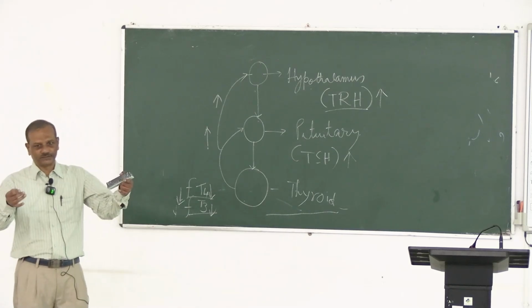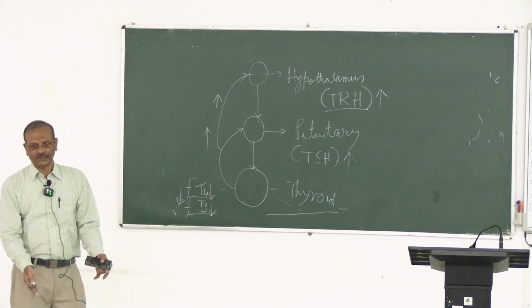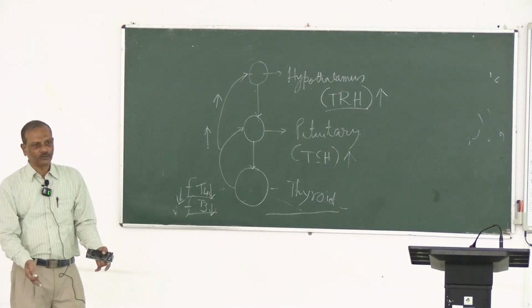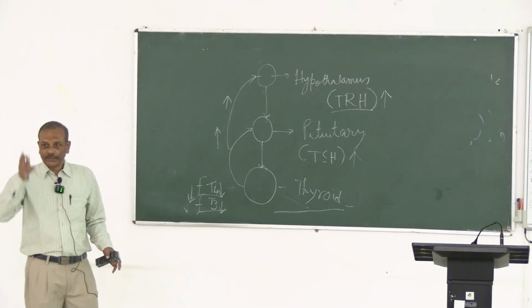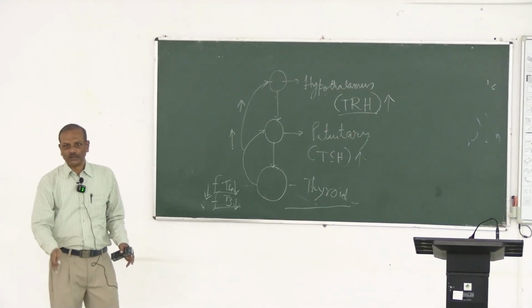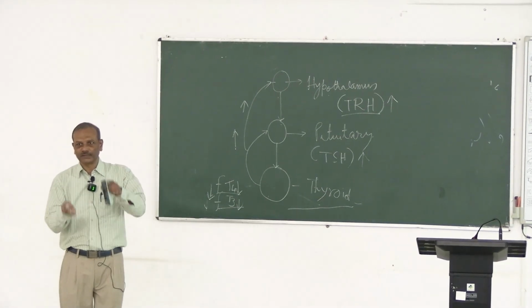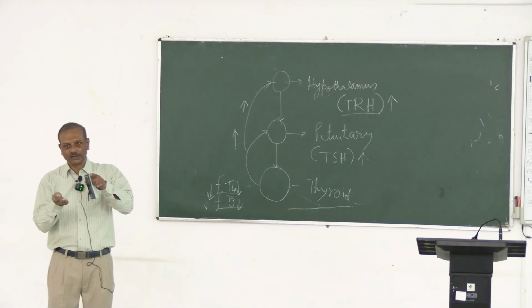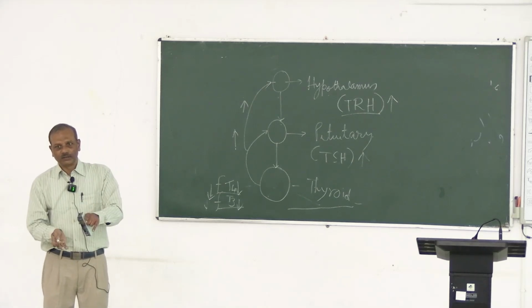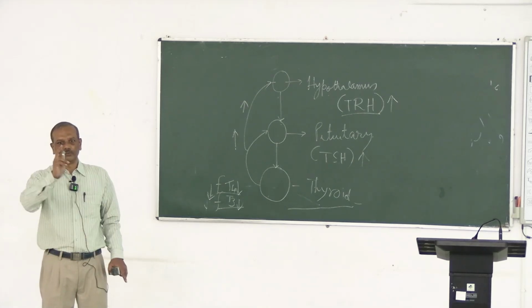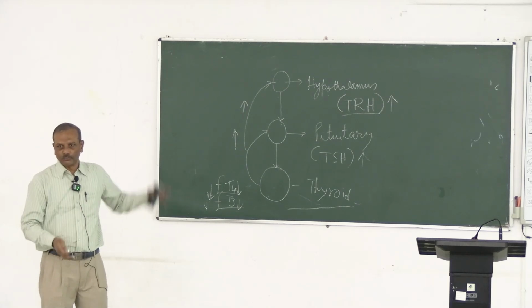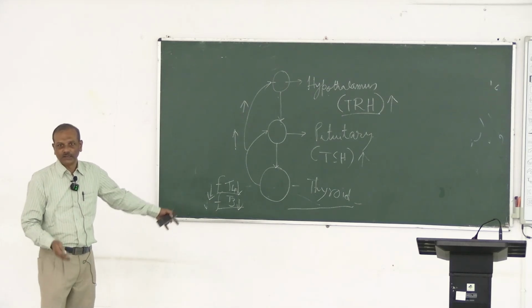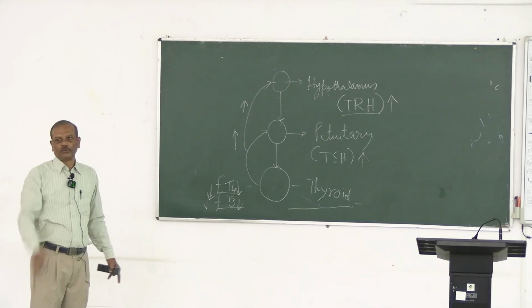It has progressed. When the disease is advanced, FT3 will also be lowered. Now, if you find FT3 and FT4 lowered, TSH level will be very high. The more the lowering of FT4, the more the production of TSH.